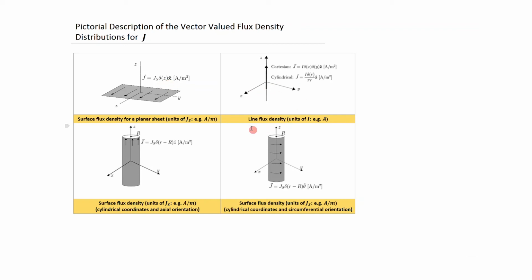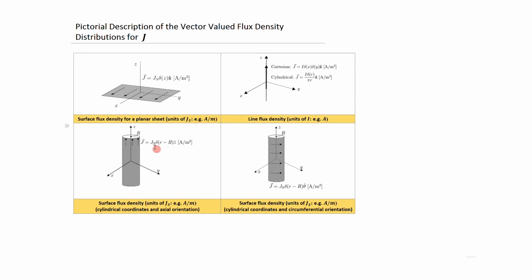If we're looking at a line flux density, this is in the z-hat direction. We could either express this in terms of Cartesian coordinates, in which case this is delta x, delta y, or in cylindrical coordinates, it would take on a form that looks like this. All right, here we have a current flux density residing on the surface. So in this case, we would have delta of r minus R. It's in the z-hat direction.